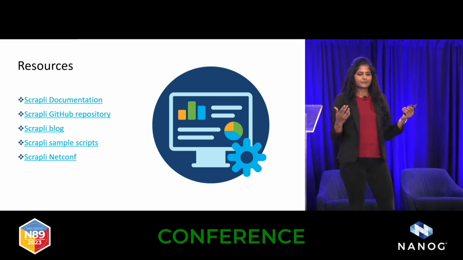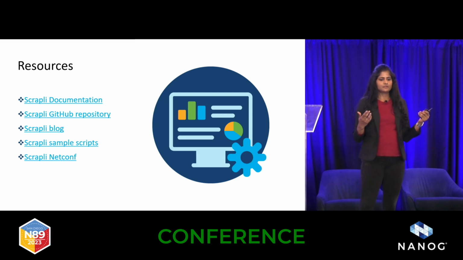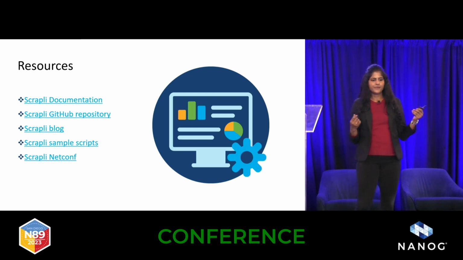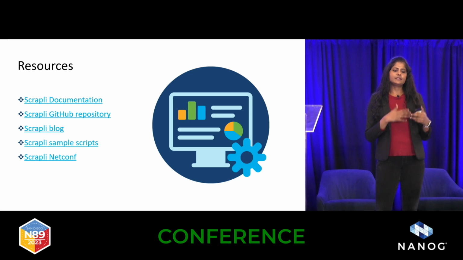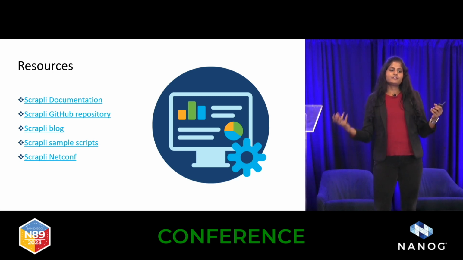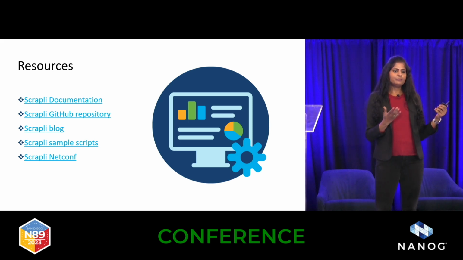So we have send command and edit config. We can either send, that is retrieve information from the device. Here you see I'm importing InitNornir from Nornir, and send_command from the Nornir-Scrapli tasks.